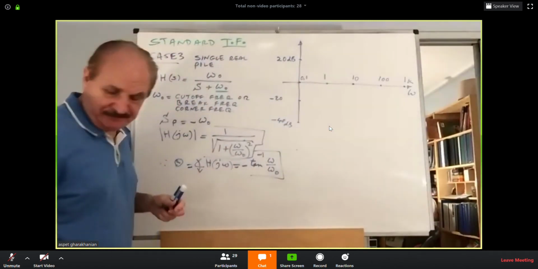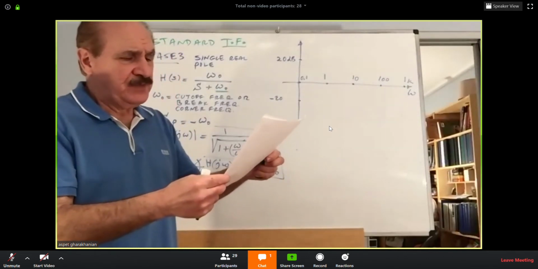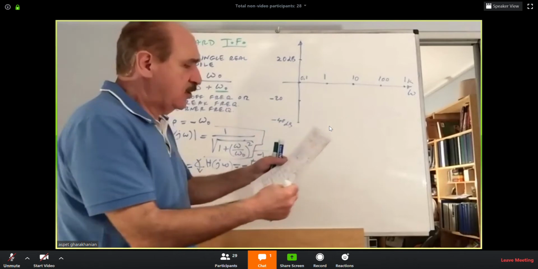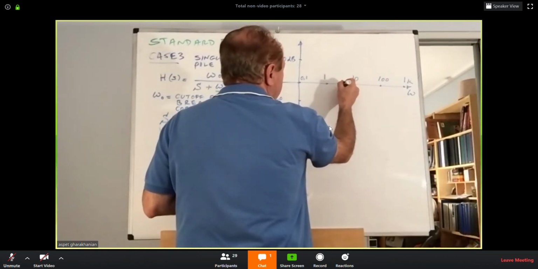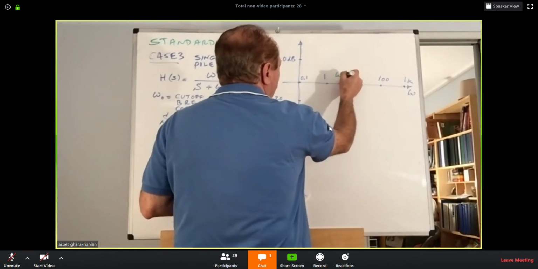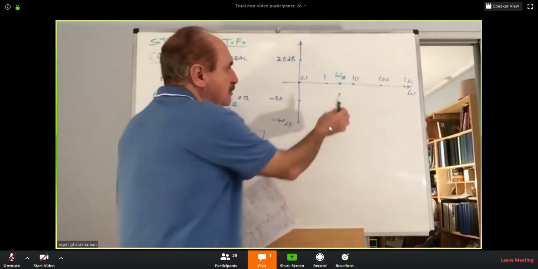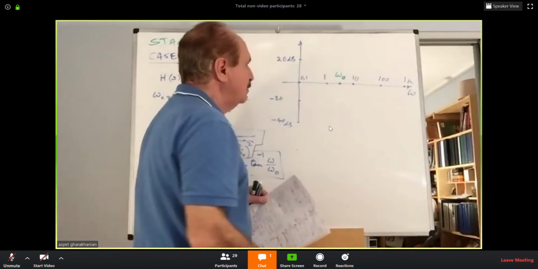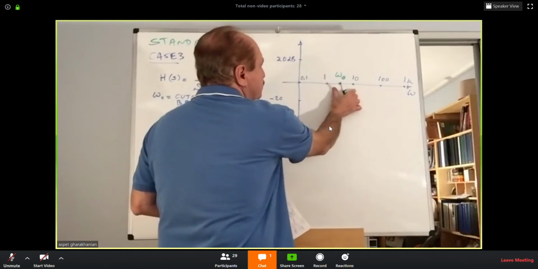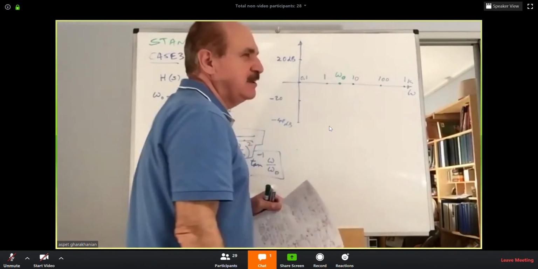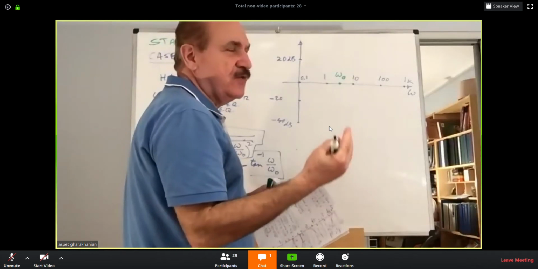For example, in this example that you have, I chose omega O somewhere between 1 and 10, maybe a midpoint here. Call it omega O. If it is in the middle, half a unit of scale between 1 and 10, let's say 0.47. 0.47 is 3.